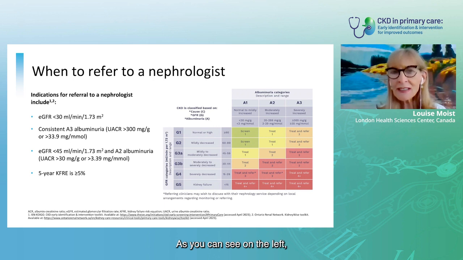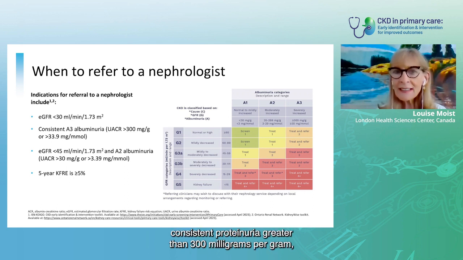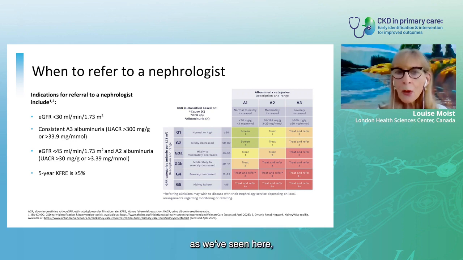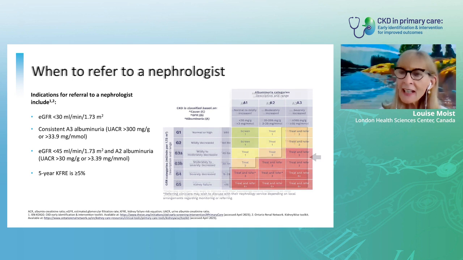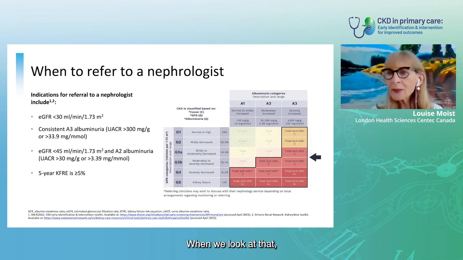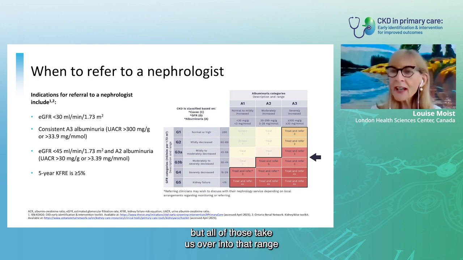So again, as you can see on the left, the clear indications: an eGFR less than 30, consistent proteinuria greater than 300 milligrams per gram, as we've seen here, or an eGFR less than 45 and proteinuria greater than 30. So again, when we look at that, if we were to mark those out, I'm not sure if you can see my pointer, but all of those take us over into that range of the orangey red color.